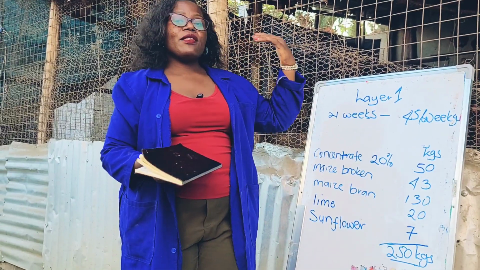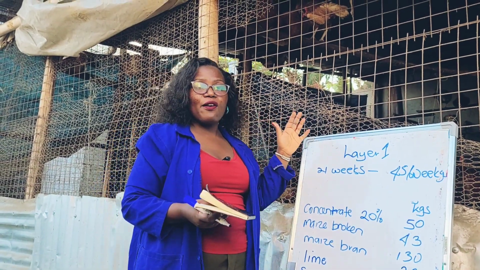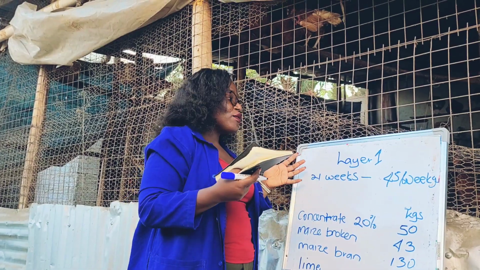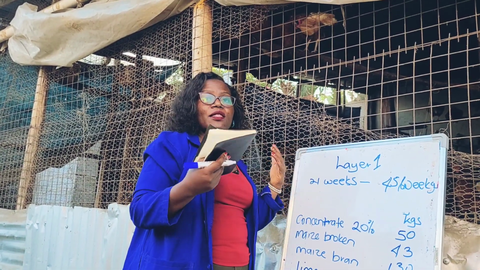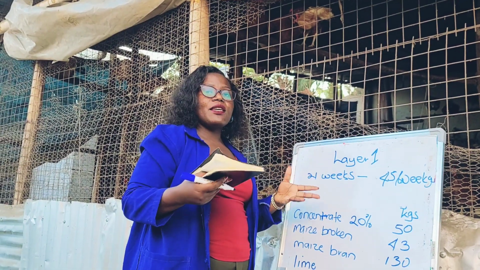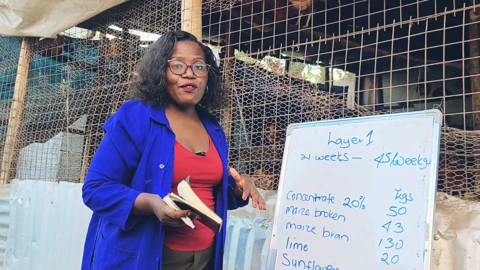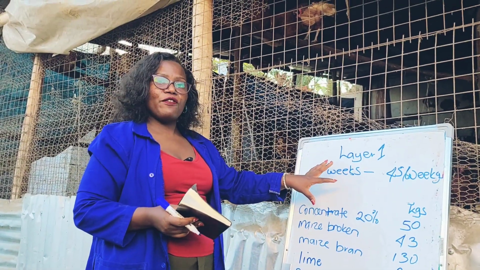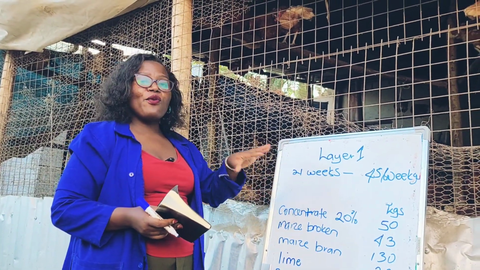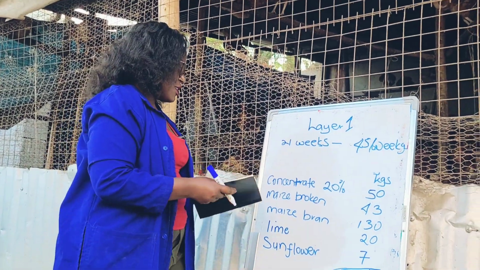So when the birds have reached 5% of production, it means that they have developed fully. They are now just remaining to eat, and then they produce eggs, and then they just give you eggs. So before your birds reach 5% of production, don't change to this formula. Change to this formula when your birds have given you 5% of production.